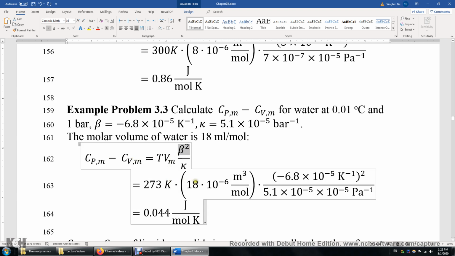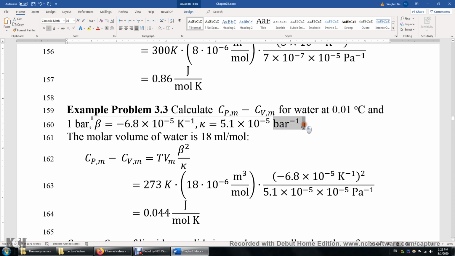You plug in all the numbers: the temperature, the molar volume of water, the negative beta value, squared, and the kappa value. Look, kappa is 5.1 times 10 to the power of negative 5 per bar. So 1 divided by bar is 1 divided by 10 to the power of 5 pascals. So you need to have 10 to the power of negative 5 here. All right, so 1 bar is 100,000 pascals.